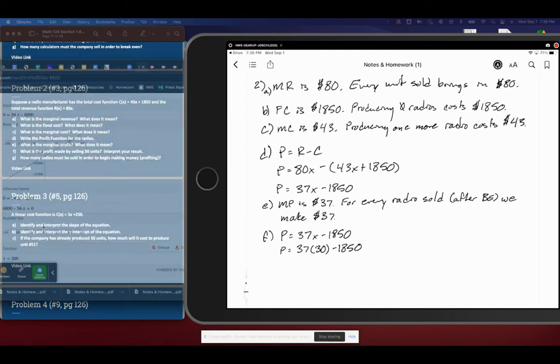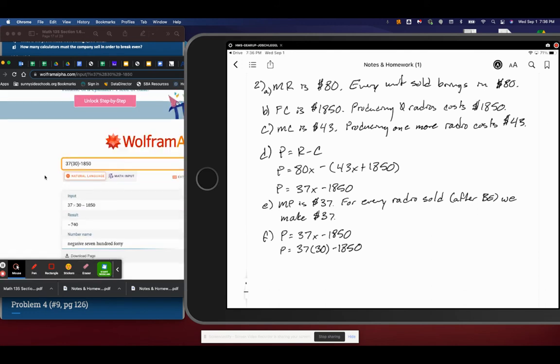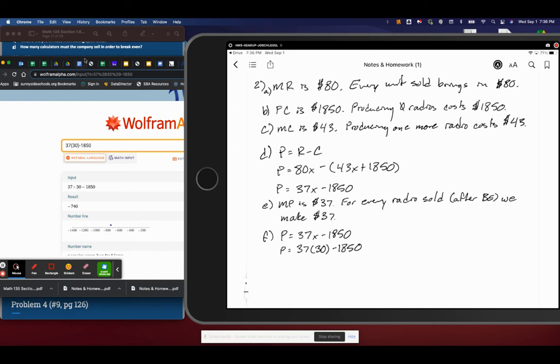We'll Wolfram it up here. So $37 per radio times 30 radios minus 1850. And we get negative 740.